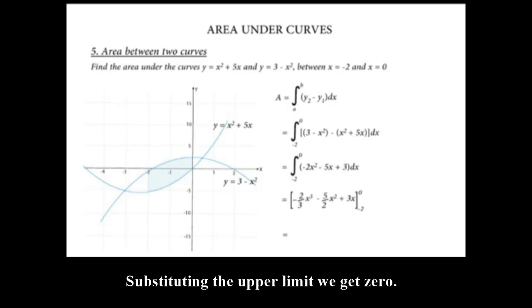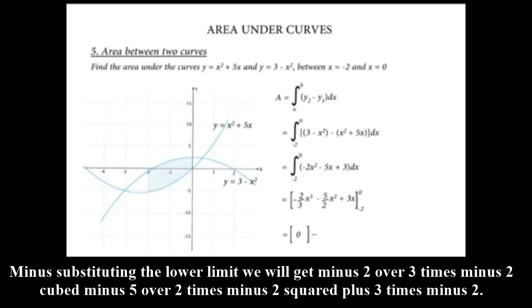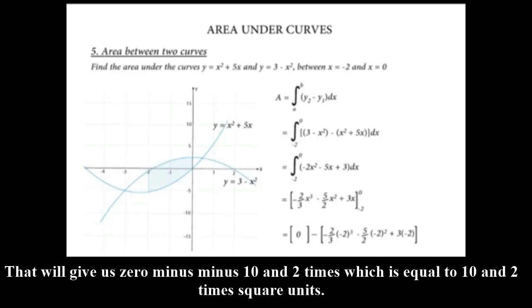Substituting the upper limit, we get 0. Minus substituting the lower limit, we will get minus 2 over 3 times minus 2 cubed minus 5 over 2 times minus 2 squared plus 3 times minus 2. That will give us 0 minus minus 10 and 1/3, which is equal to 10 and 1/3 square units.